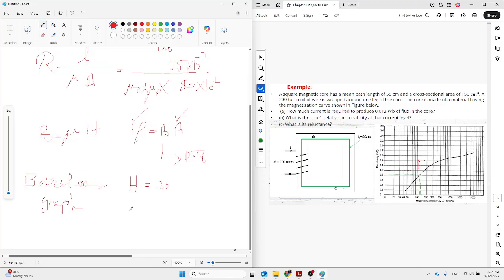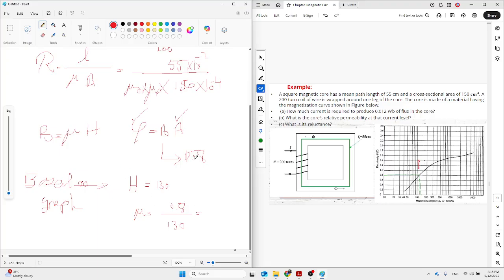So based on these two values, B equals mu H, the mu can be calculated from here. Mu is B, which is 0.8, over H, which is 130. Dividing by 130, it's a very small value, 0.062.